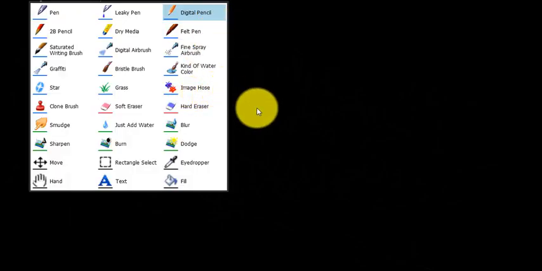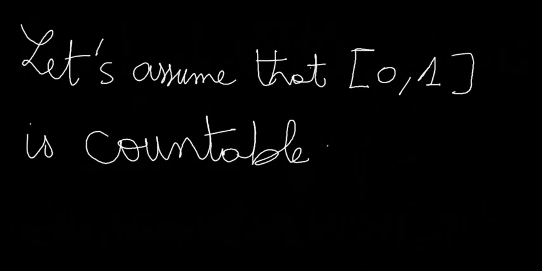But for the sake of simplicity, we will just prove this for the numbers between 0 and 1, in the 0-1 interval, because the proof will be focusing on the infinity of decimals, and we will not focus on the integer parts. So let's assume that the 0-1 interval is countable.